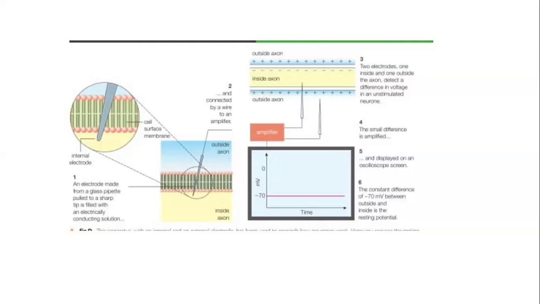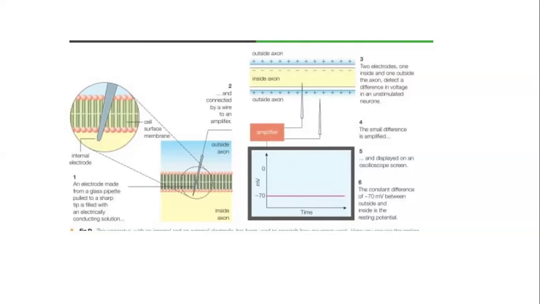They measured the charge difference with these electrodes. In this picture you can find two electrodes, one inside and one outside, so it can detect the voltage difference. And they got it as a graph like this. So what is this?